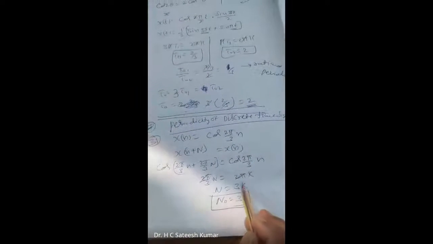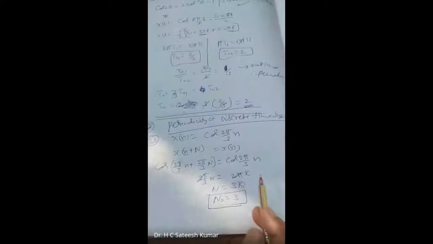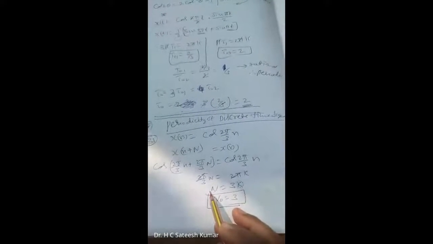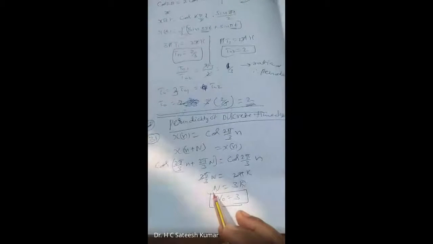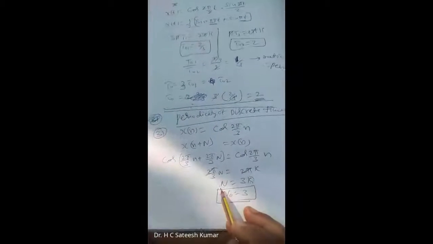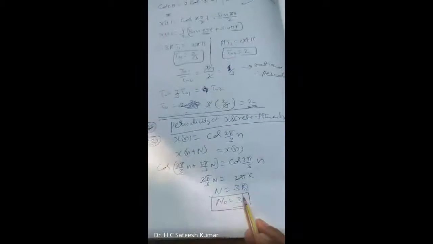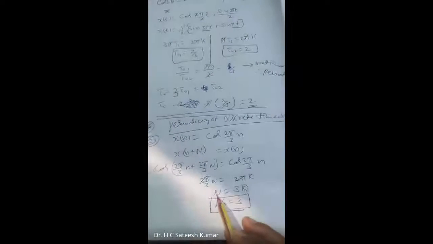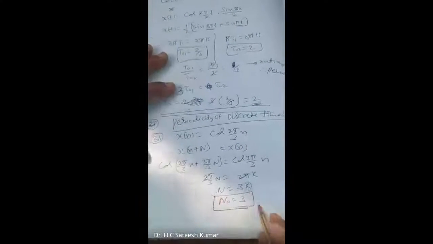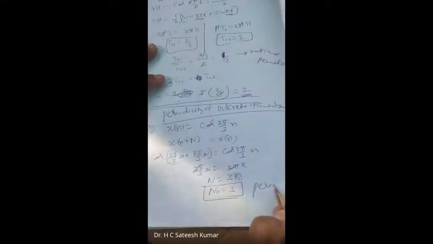We should select the value of k as an integer such that N is an integer. For any value of k, if N is not an integer, then it will become aperiodic. So such that N should be an integer. Hence it is periodic.